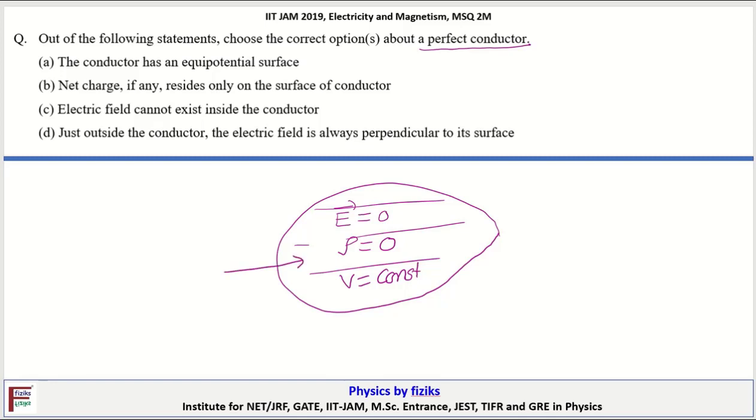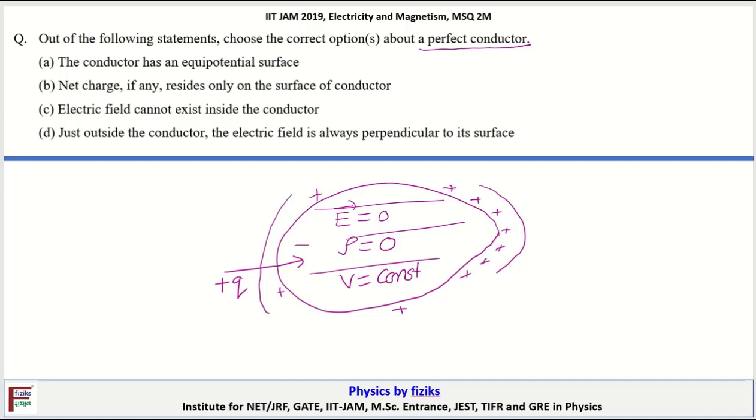If we give any external charge to this conductor, that charge will reside on the surface only, and this charge will be distributed unsymmetrically. You will see that towards this edge the charge density is greater as compared to this edge. So on the sharper edge, the charge density is greater.